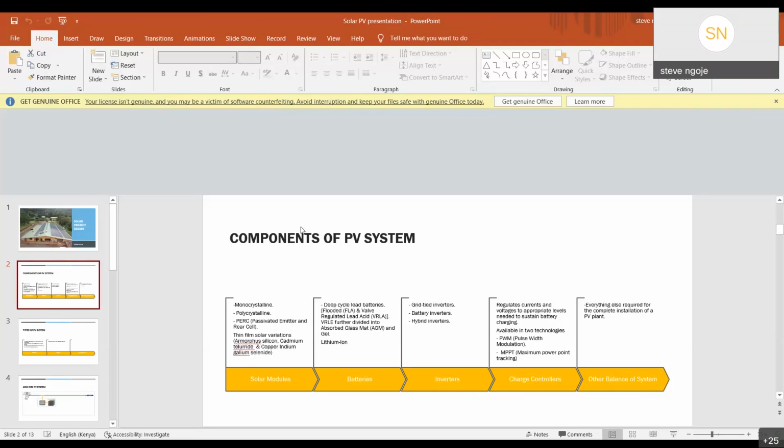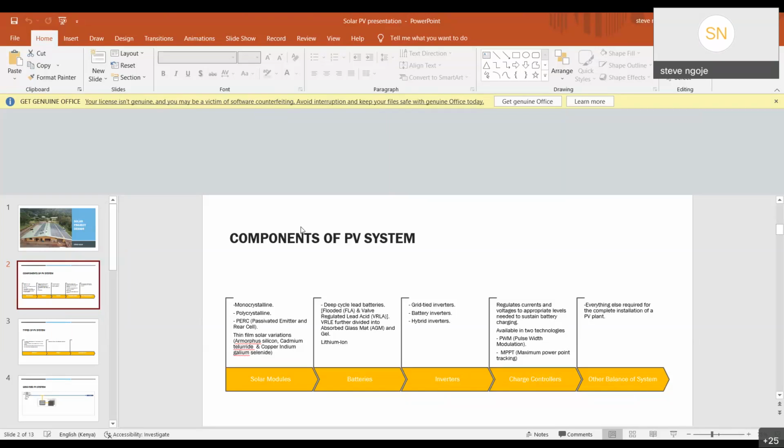The second one is the MPPT. If we are familiar with what we call the IV curves in solar, that is the way of tracing the currents and the voltage within a solar cell.